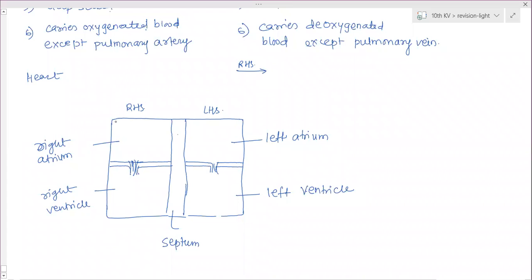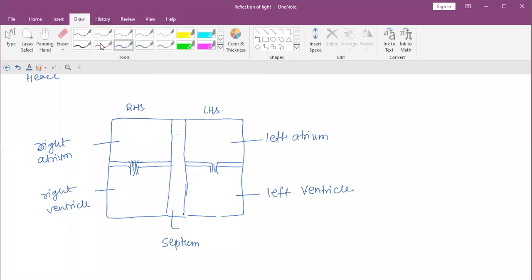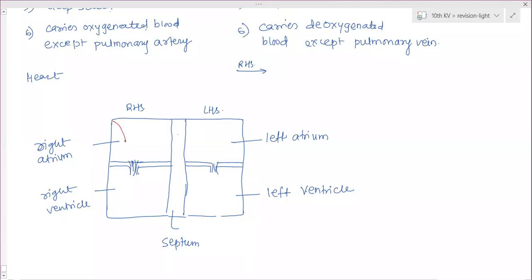Now, the entry of the blood. On both sides, blood enters. The entry is through the vena cava. This is the part of deoxygenated blood, and this part is oxygenated blood.